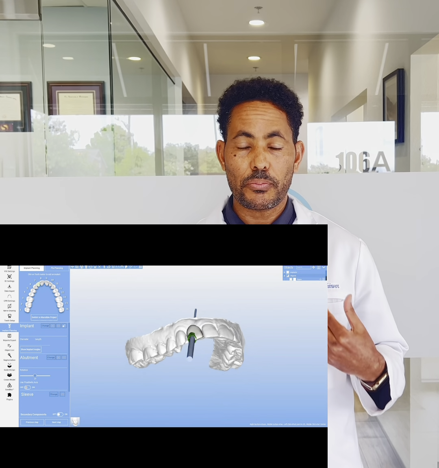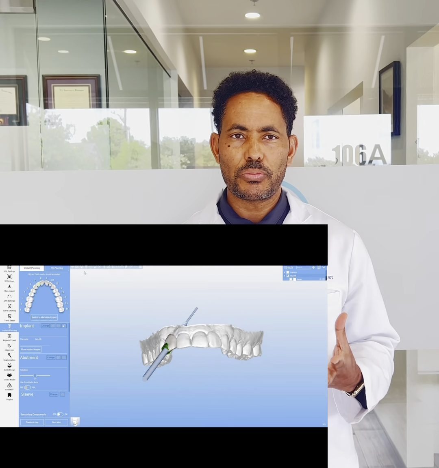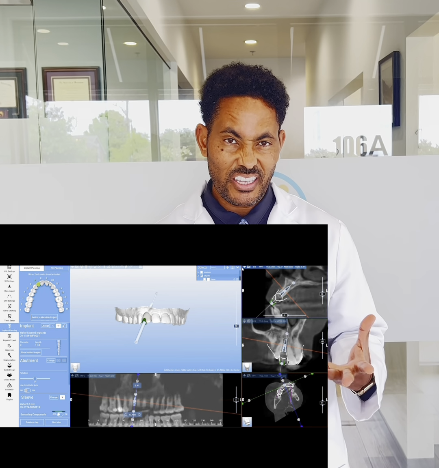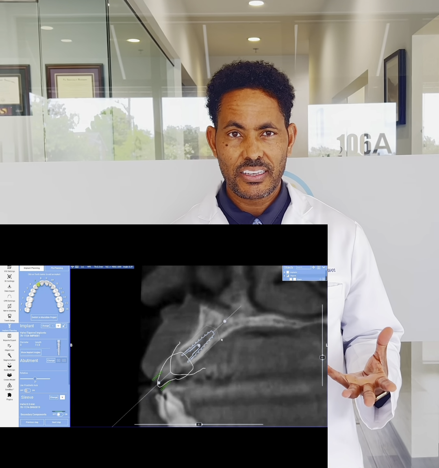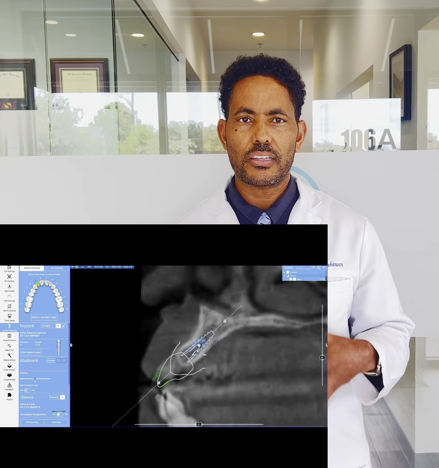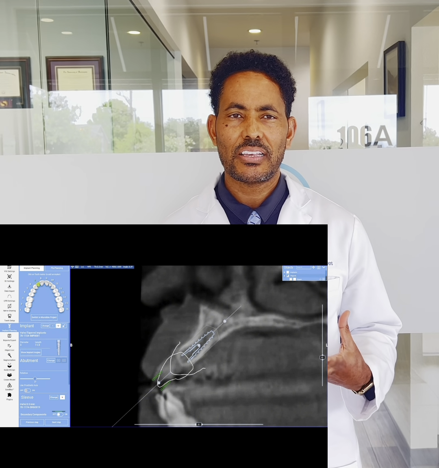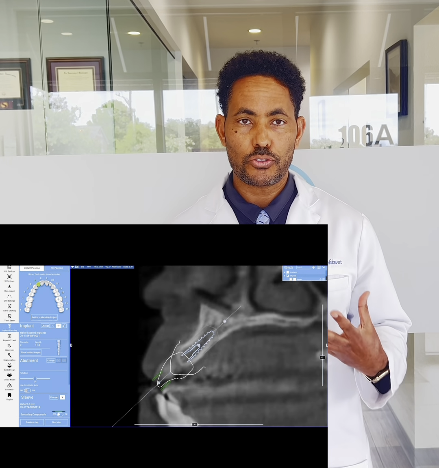The best approach to mitigate this kind of risk would be to do what we call ridge augmentation. It's a bone grafting technique to thicken and improve the quality of bone so that we can have a nice prosthetically driven implant for the missing tooth.